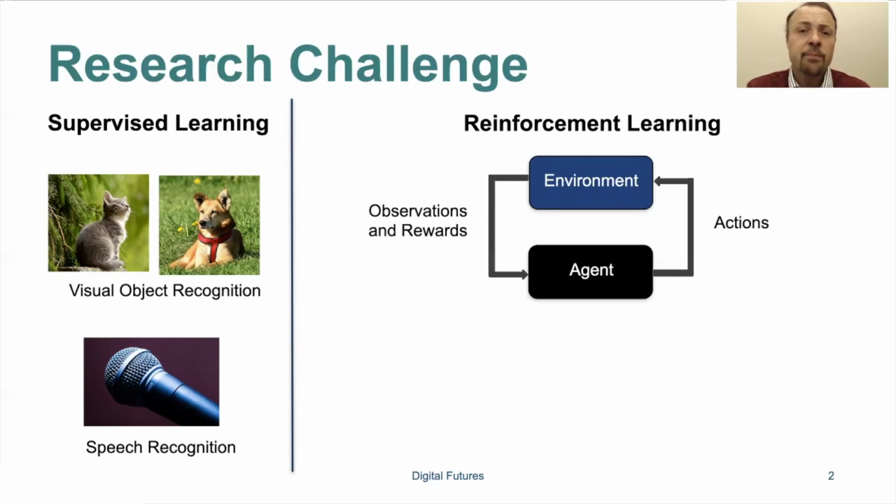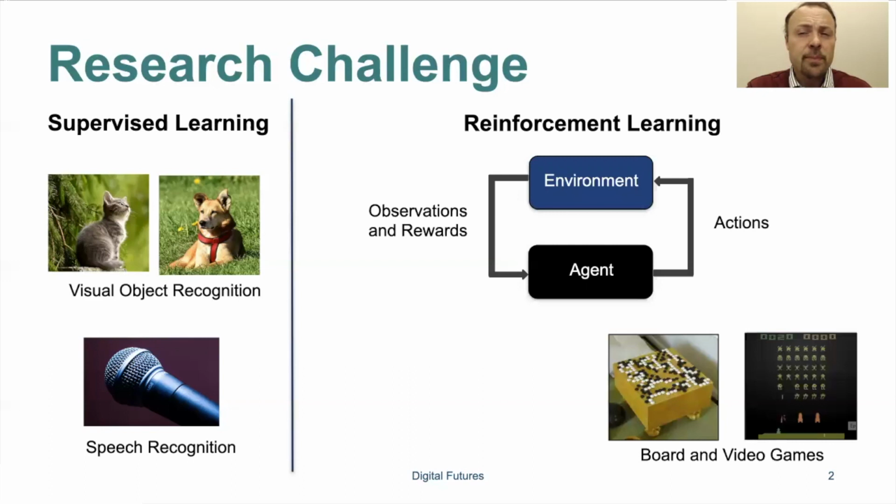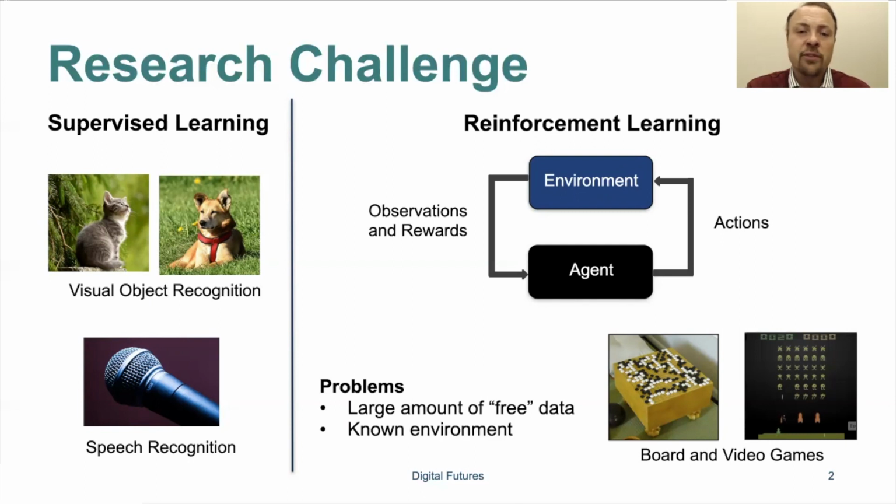In this way, you can observe and sample from the environment and get rewards so that you can improve the agent's performance on a certain task. It has been successful in toy examples, where you play board games or video games. But the problem is that you need a really large amount of data, and that you can simulate the environment, a known environment from which you can collect this data.